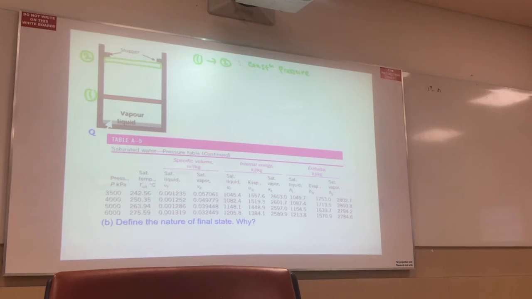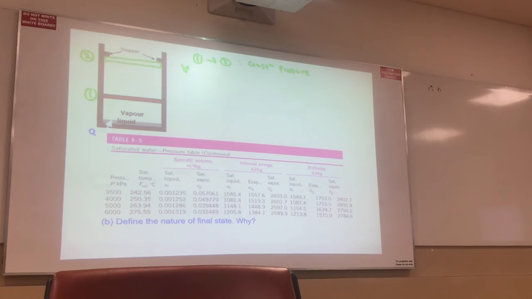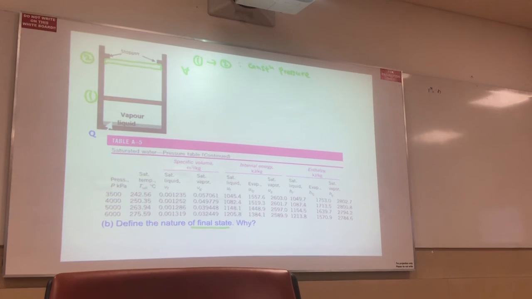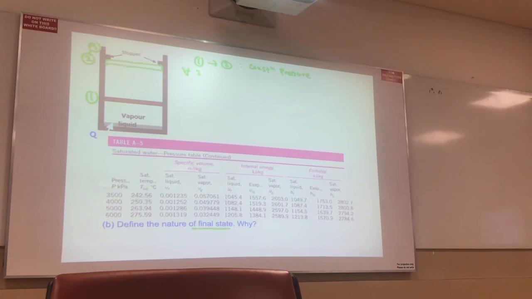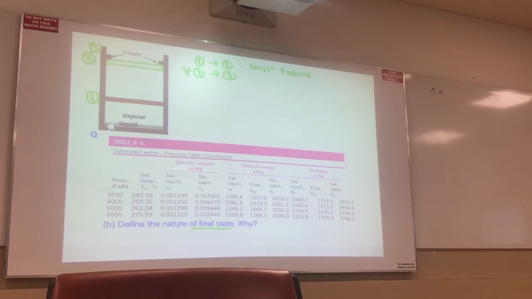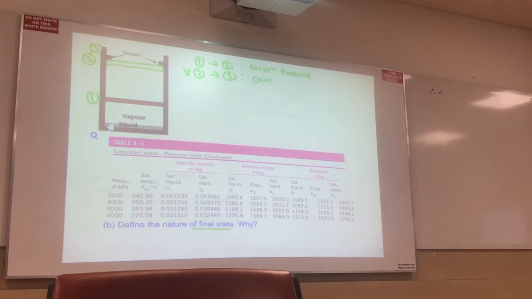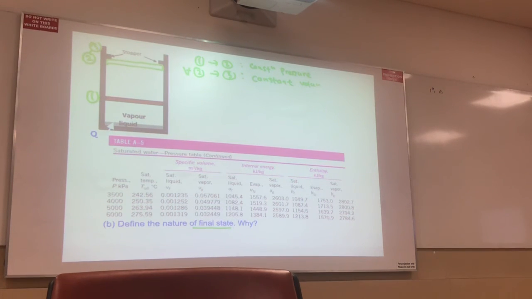So what is the specific volume at state 2? What is the nature of the final state? And 2 to 3, further addition of heat, right, 2 to 3, constant volume process, right?